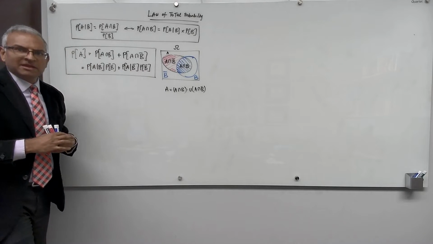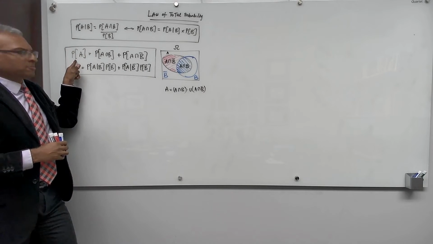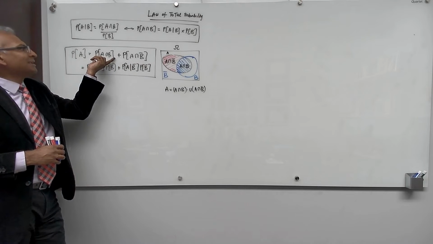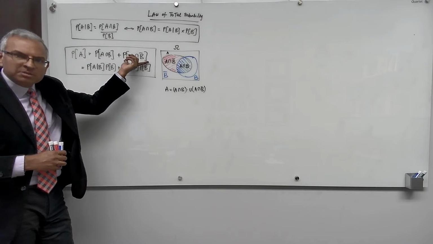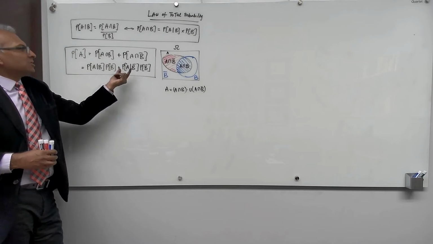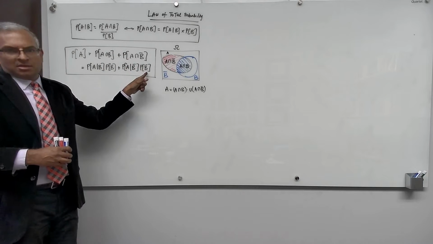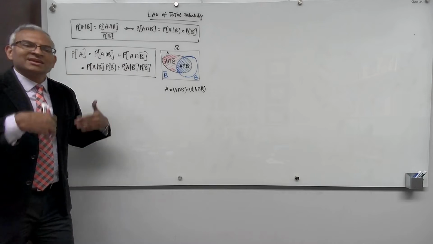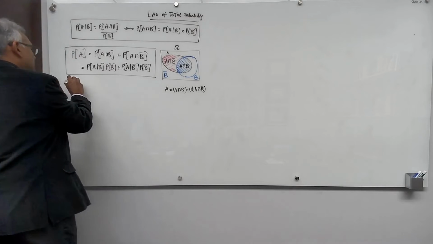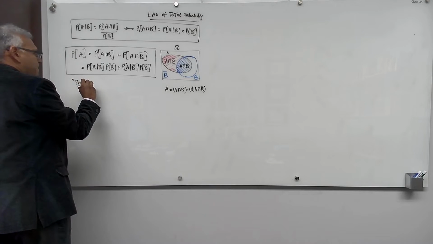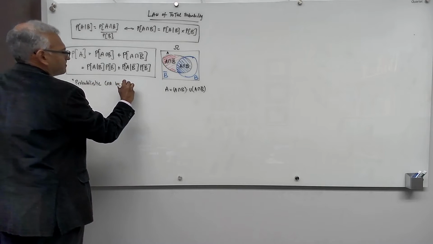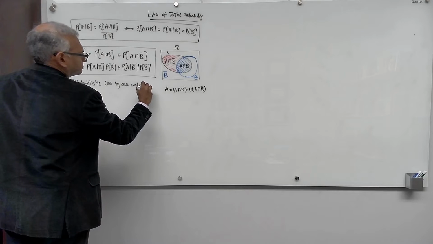Basically, they allow us to compute the probability of A as a sum of two terms: either the probability of A and B plus the probability of A and B bar, or the probability of A given B weighted by the probability of B, plus the probability of A given B bar weighted by the probability of B bar. You can think of this as a case-by-case analysis for probability, a probabilistic case-by-case analysis.